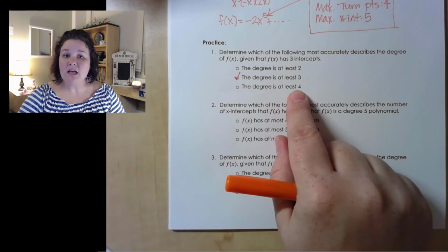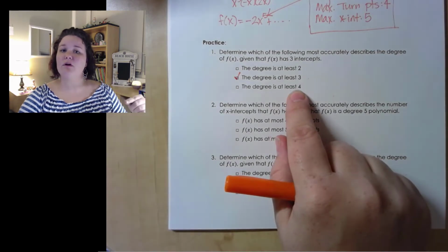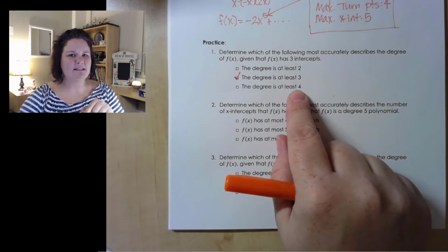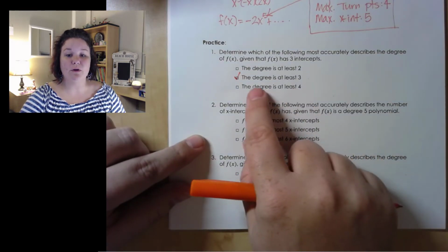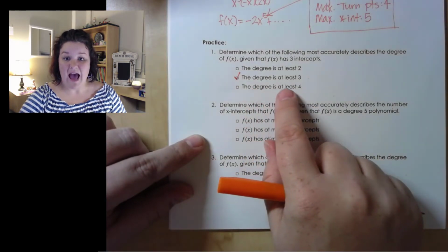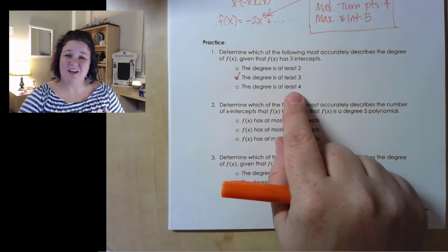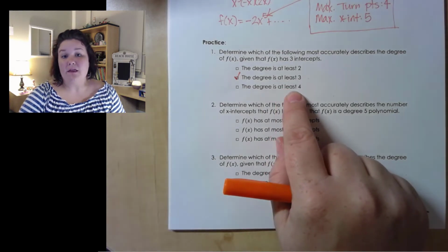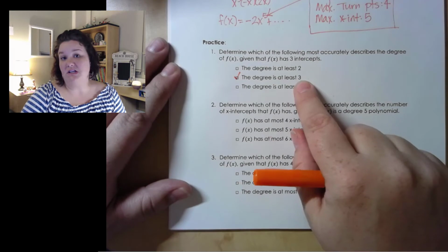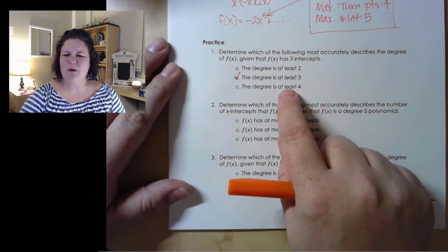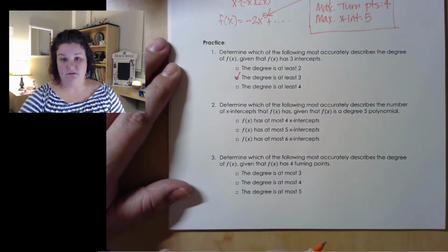Now, it is possible to have an x to the 4th function and get only 3 intercepts, but that's not what this is saying. This is saying that the degree has to be at least 4, which is not true, because we could get 3 intercepts from having just a degree 3 polynomial. So that's why this one's incorrect.